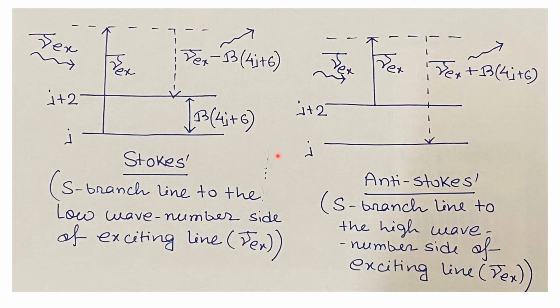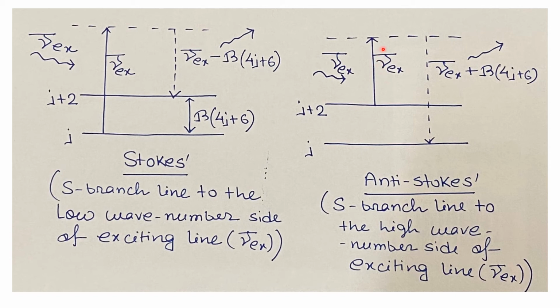Similarly, for the case of anti-Stokes line, we consider the molecules getting excited by absorbing the incident photon from the higher energy level, that is the energy level having rotational quantum number J plus 2. So the molecules will be excited from this J plus 2 energy level to a virtual level having the energy nu Ex bar.